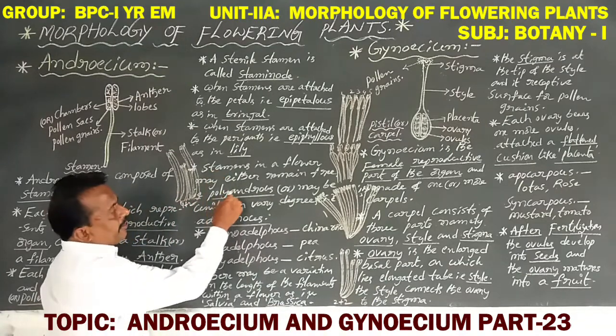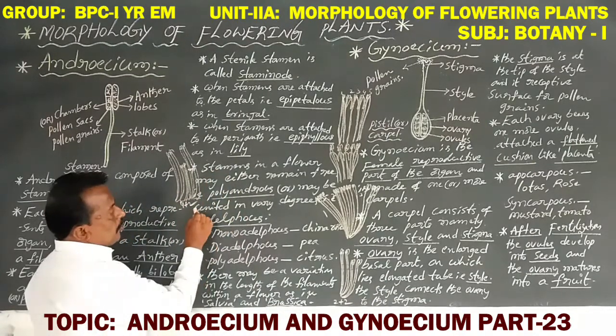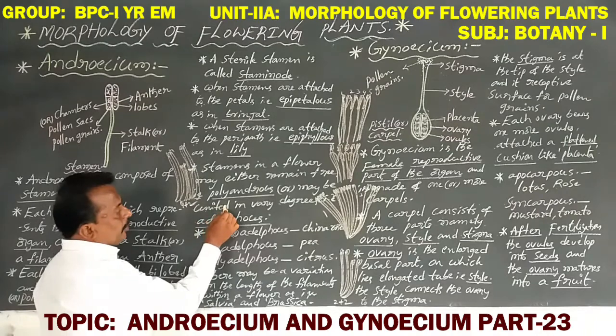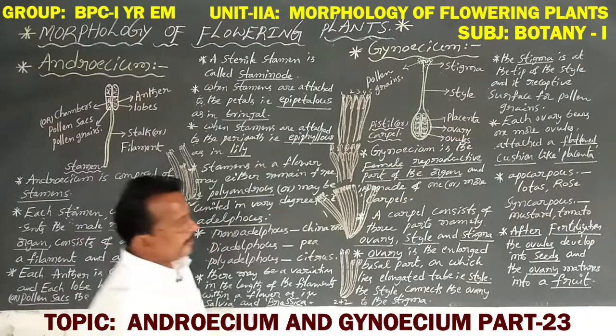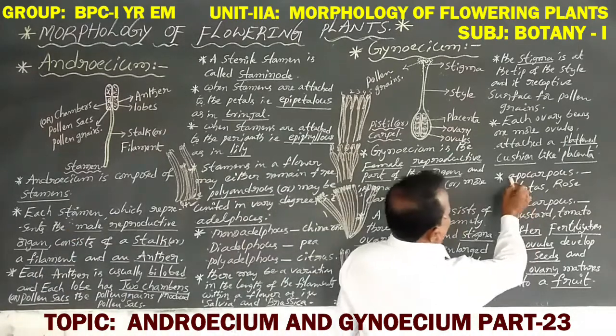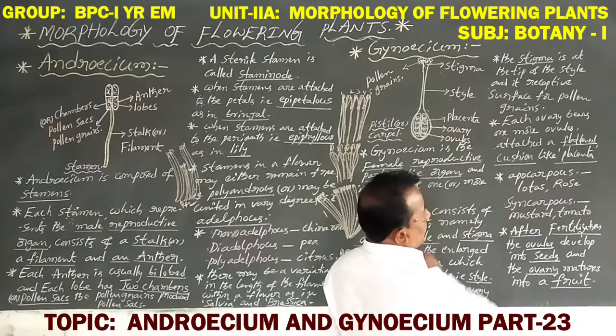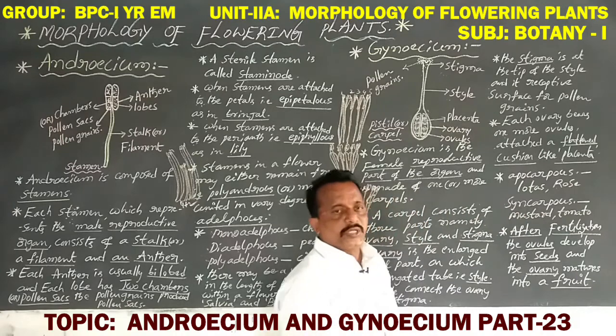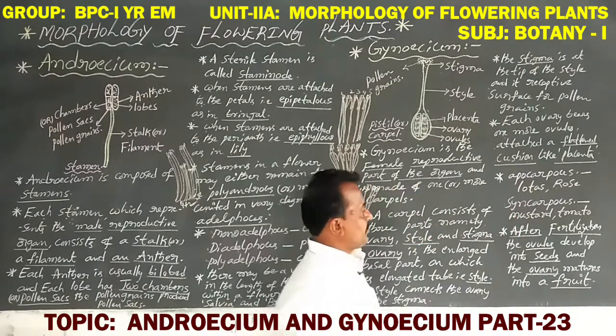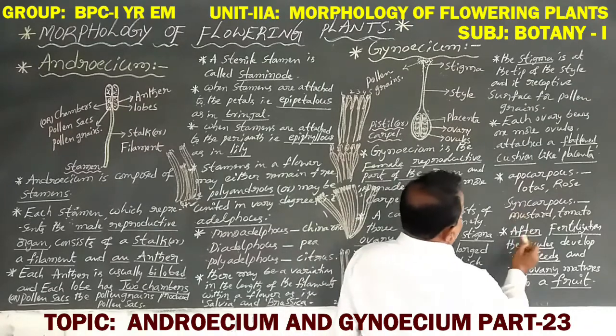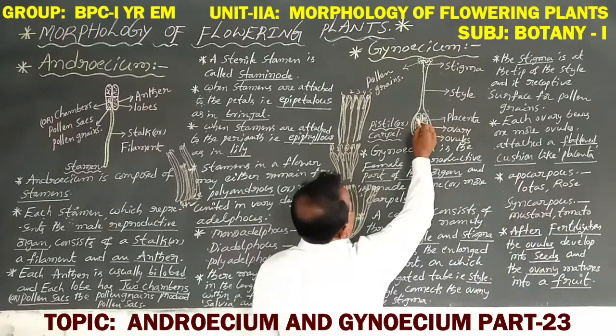Stamens may be free, that is polyandrous; stamens may be united or fused together, that is adelphous. Likewise, carpels may be free, that is apocarpous; carpels may be united or fused together, that is syncarpous.